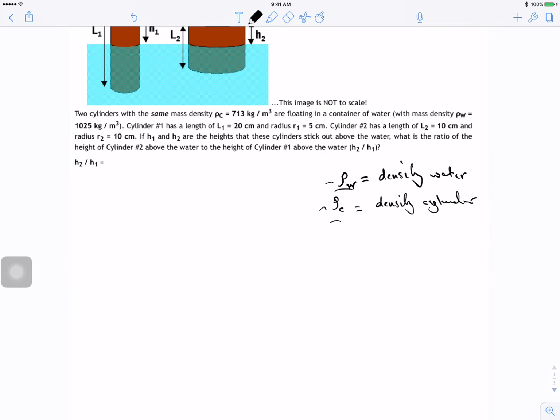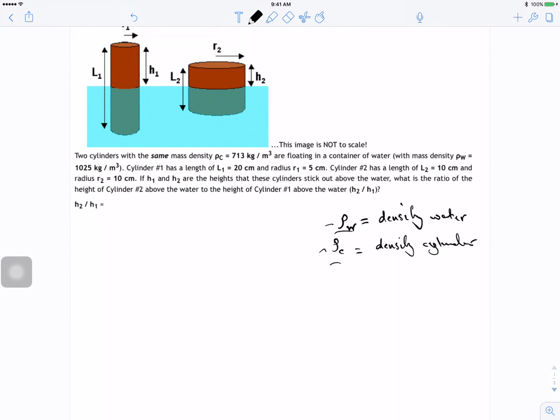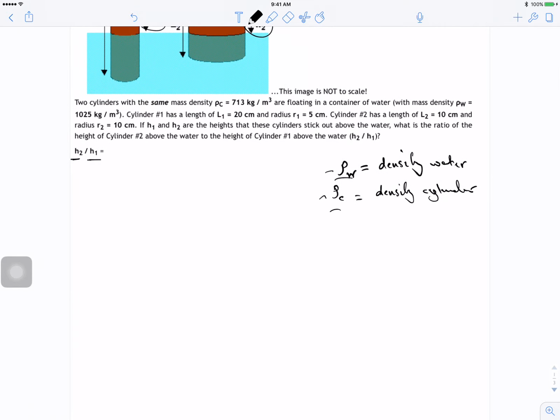So we have two cylinders, and we need to find the ratio of H2 divided by H1. So the buoyant force minus the weight of the cylinder is going to equal ma in the y direction. That's just Newton's law.